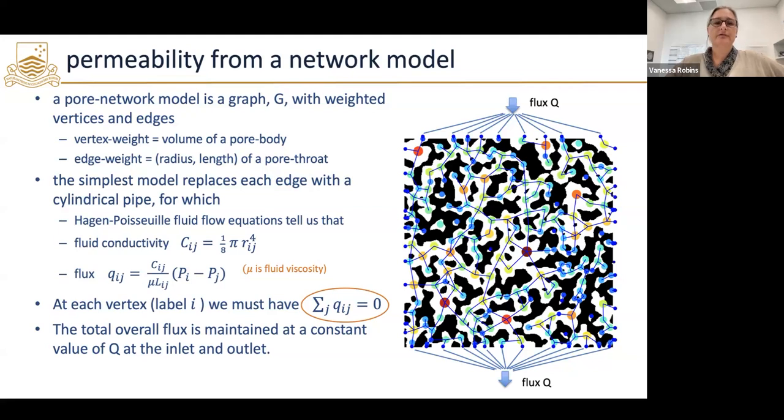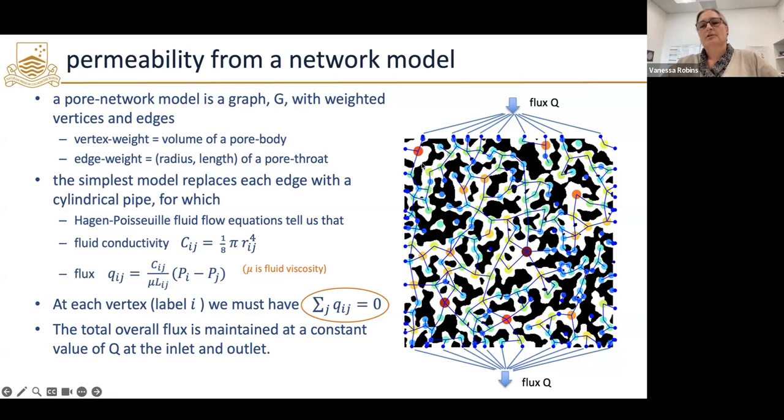They don't matter for the fluid flow, because we assume, well, actually we know that the vertex weight is always larger than the constriction through the pore, right? Because we're taking the most narrow radius for the pore throat. We know that the vertex weights aren't going to constrain the fluid flow at all. Right. That makes sense.